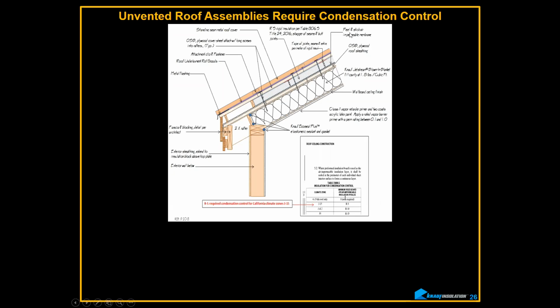The permeable peel and stick, impermeable air barrier here for unvented. There are a lot of tricks and details that have to be considered when you're doing an unvented assembly. I never recommend an unvented assembly in anything greater than climate zone 5. It's high risk.